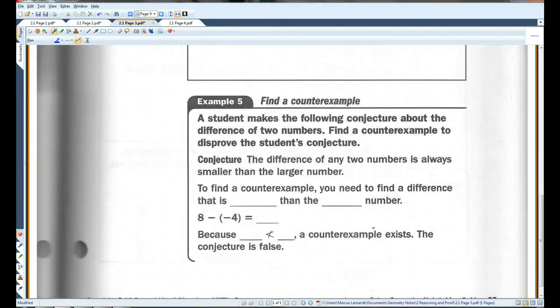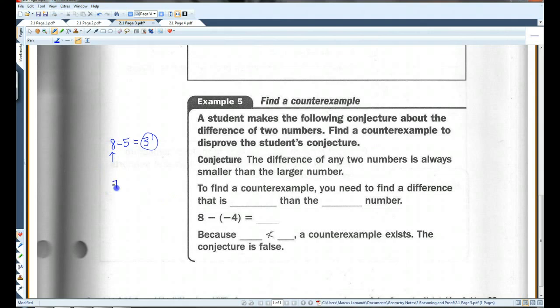Example 5. A student makes the following conjecture about the difference of two numbers. Find a counterexample to disprove the student's conjecture. The difference of any two numbers is always smaller than the larger number. Okay, so basically, if you take two numbers, like 8 minus 5, whatever you get is going to be smaller than the bigger number.